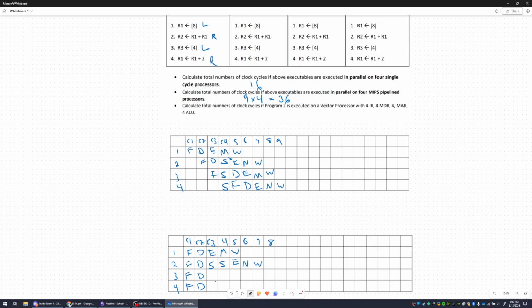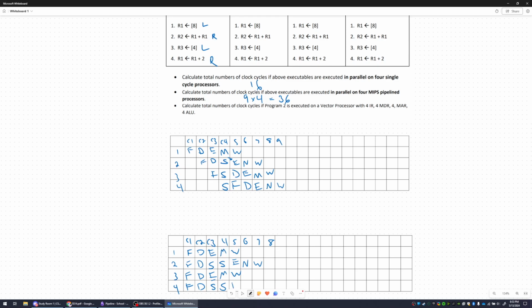So these stalls, when it's a vector processor, don't apply to the lines below. We just have to look for the data dependencies. This one has no data dependencies, so this can do its thing, no problem. And then this one is dependent on R1. So this also has to stall until the mem stage can give it to here.